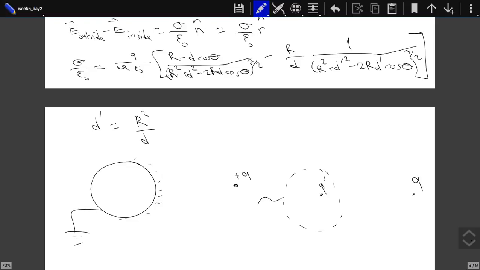That's the only thing I'm saying. I'm not putting a charge Q prime inside my sphere. There are no charges inside my sphere. Inside the conducting sphere, you don't have any charges. The charges are on the surface. But this problem and this problem are equivalent. They are equal outside my sphere.